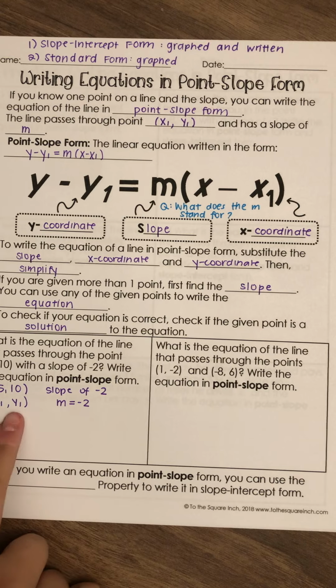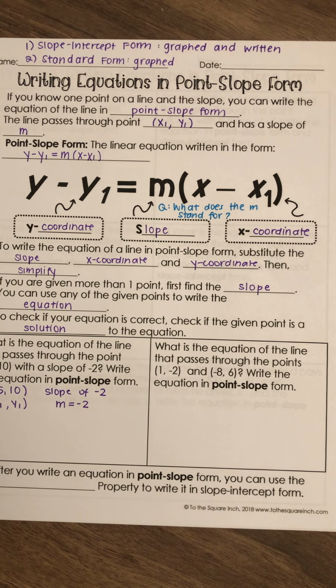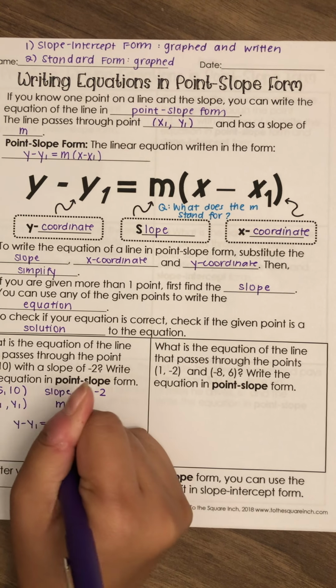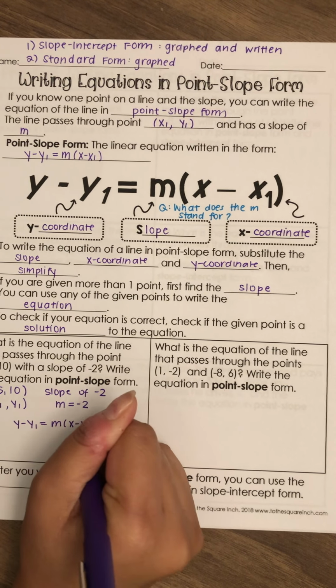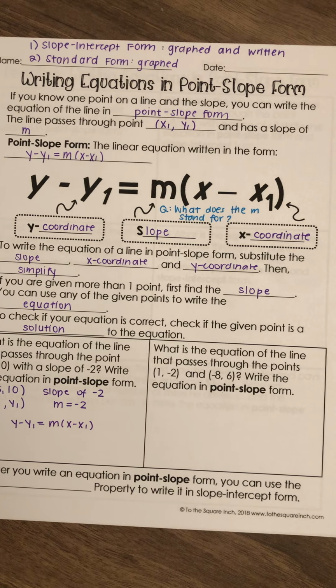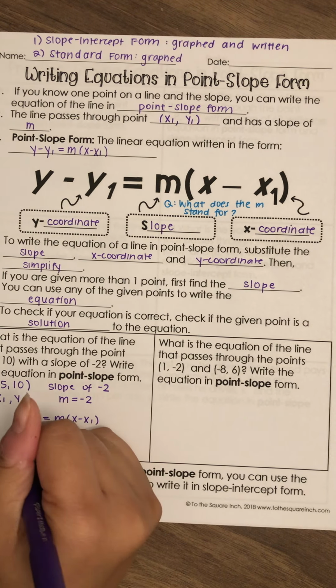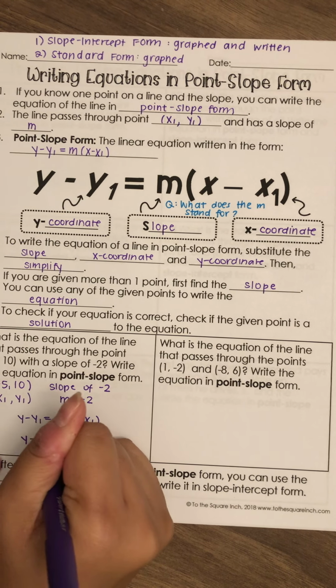Notice now I have all three of the parts that I need to substitute into my equation. And I like to start off by writing my equation again, just to get it in my mind and help me memorize it a little bit faster. And then I'm just gonna plug in my values.